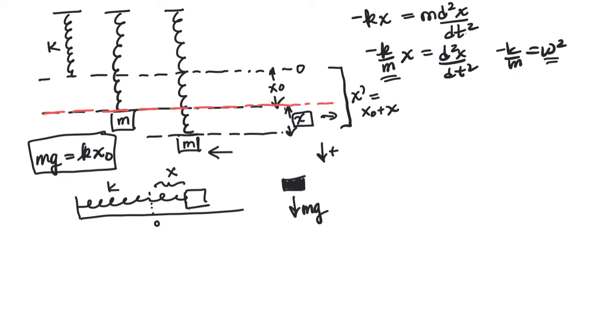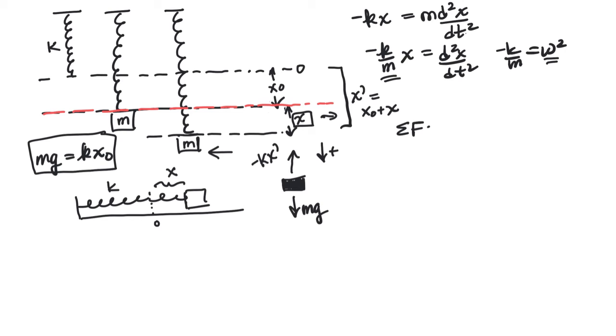That's the total amount of stretch truly inherent in the spring from its natural unstretched length. If that's the case, there's a force acting upwards equal to negative kx prime. Since the spring is stretched x prime, it's trying to restore with a force equal to negative kx prime.